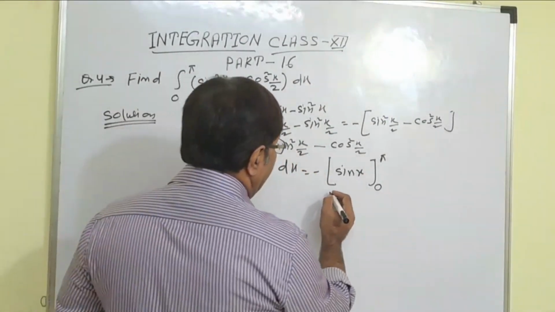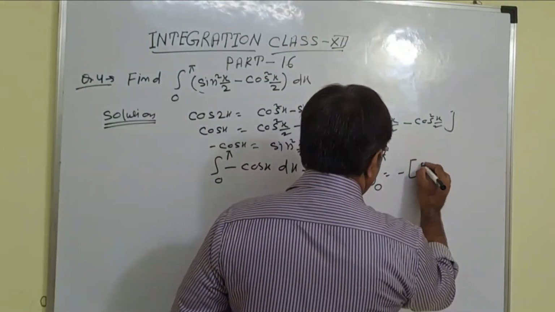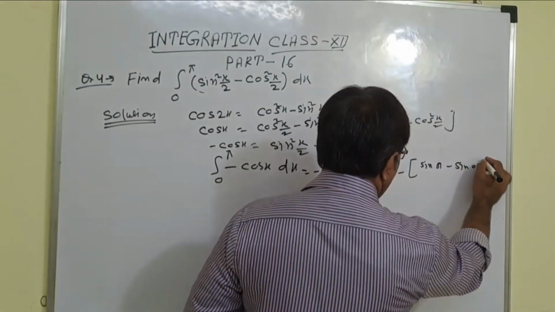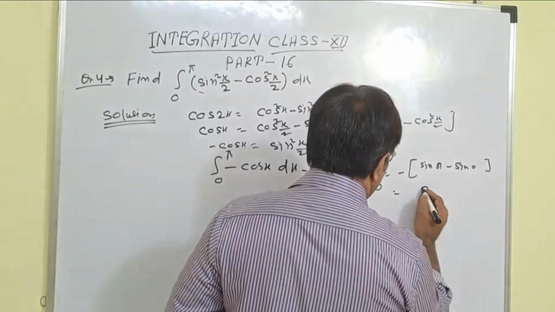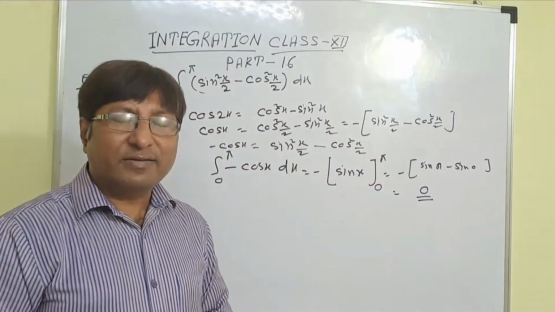So directly we get minus of sin pi minus sin 0. Sin pi is 0 and sin 0 is 0. So our correct answer is 0. 0 is our right answer.